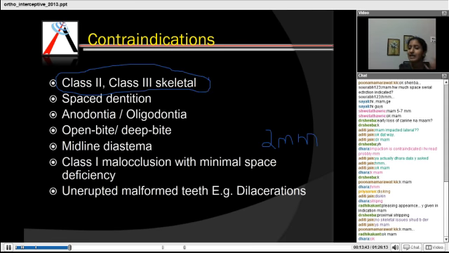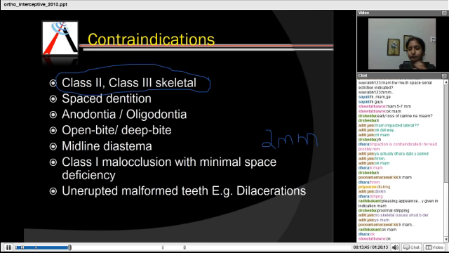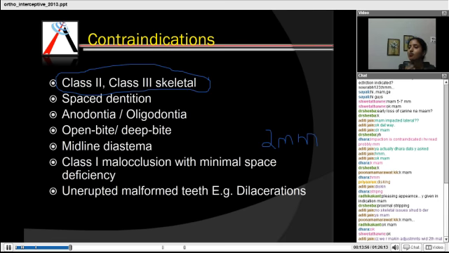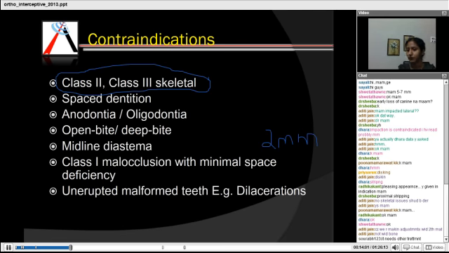Okay, why is a skeletal issue a contraindication? Because serial extractions won't make that adjustment. Serial extraction won't take care of the problem. It requires other treatments. The bone has to be treated, not the tooth. Okay, here it's a skeletal problem.